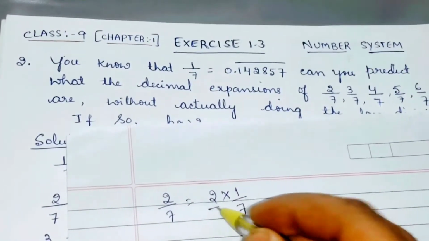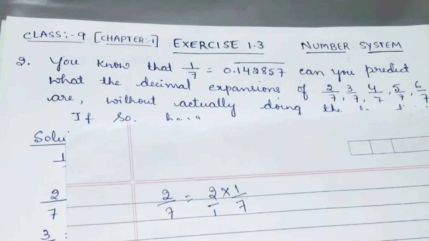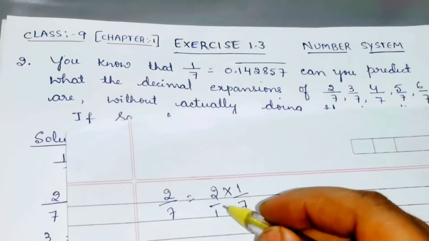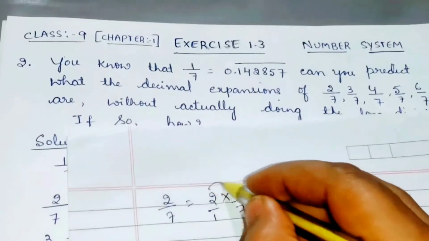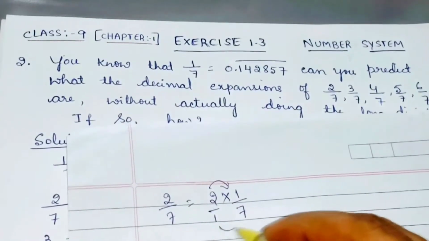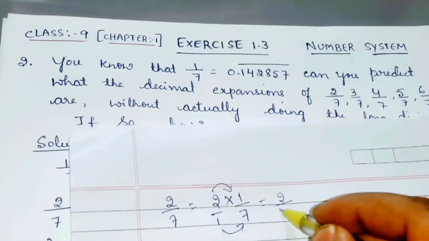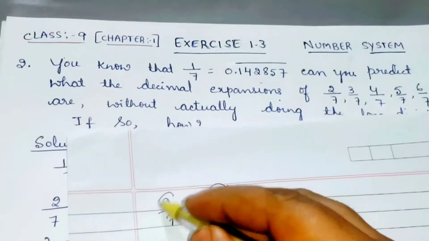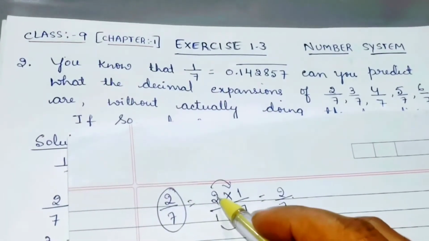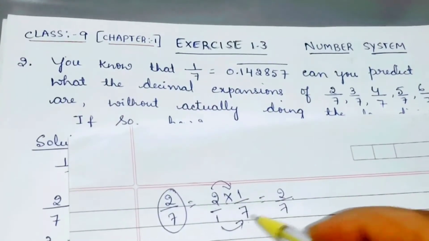In the denominator you can think it is 1. Generally, with fractions you multiply numerator to numerator and denominator to denominator. It will be 2 by 7 itself. So, instead of 2 by 7, you can write 2 into 1 by 7.